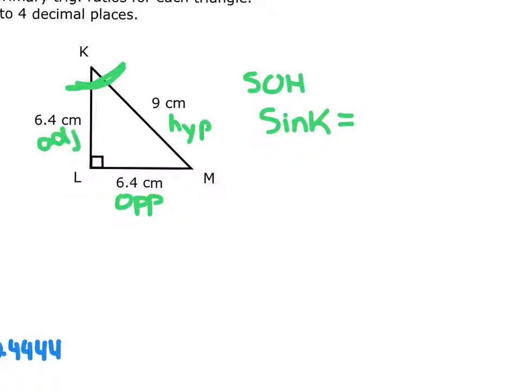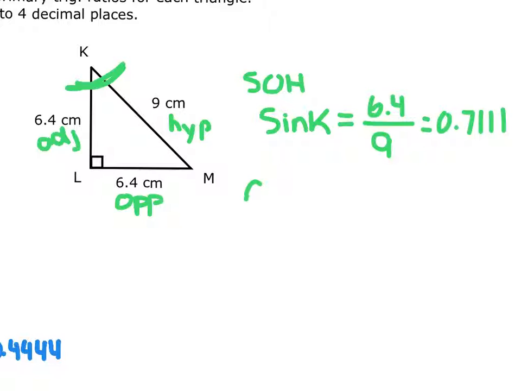So what was the opposite side, guys? 6.4. And what was the hypotenuse? 9. So we plug that into the calculator, and let's all check that we got the same answer. So we get 0.7111. Yeah? Perfect. Okay.